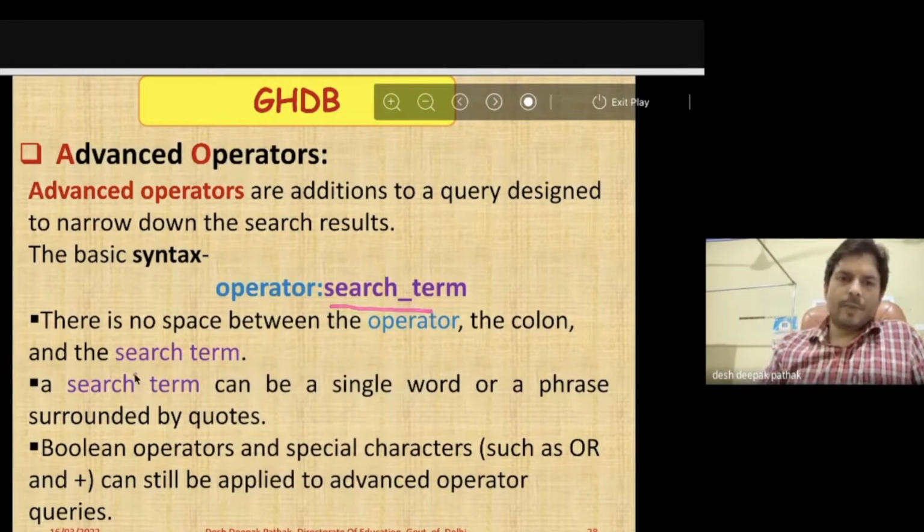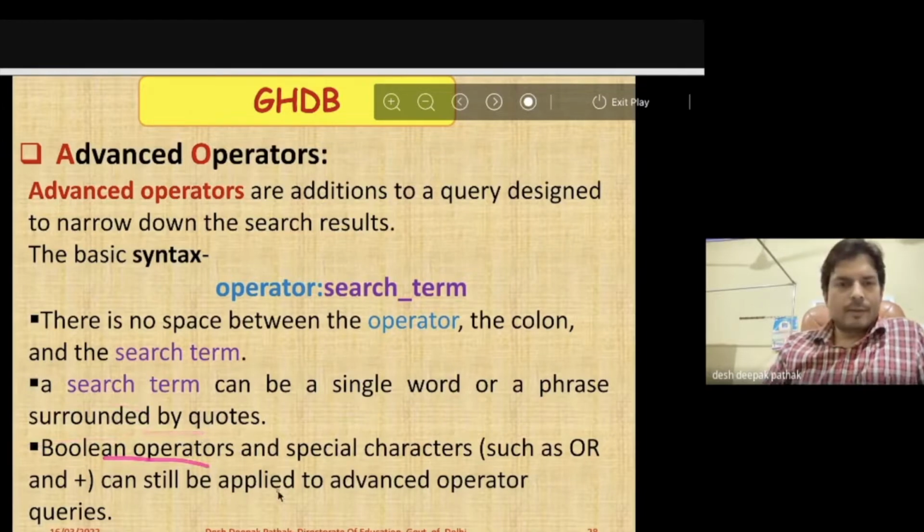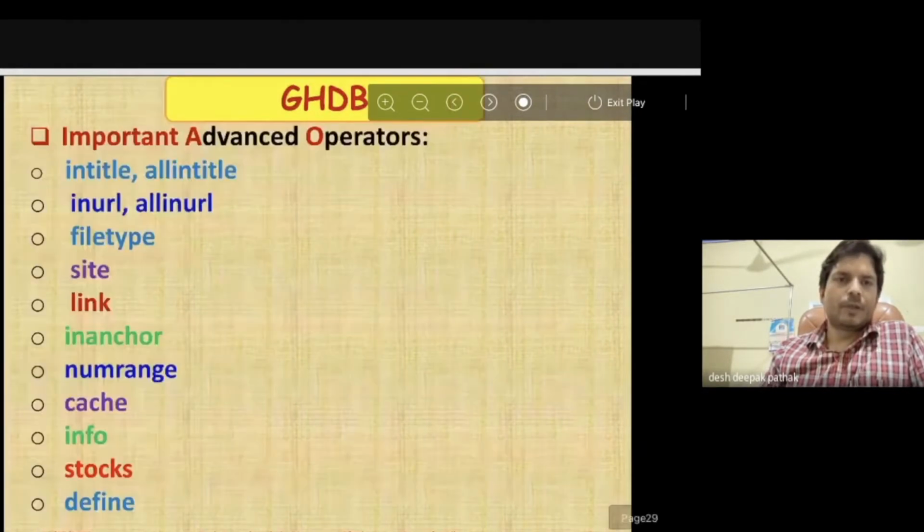A search term may be a single word or a phrase in double quotes. We have already discussed phrases. We can also include Boolean operators, plus or minus. We can also use special symbols, single words and phrase searches, all included after these operators.